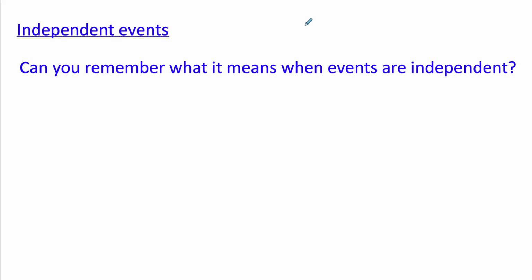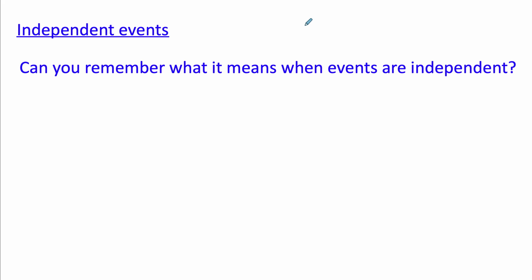If I get a head on the first flip, it doesn't mean I'm going to get a head or a tail on the second flip. It's not going to affect those probabilities. It's still going to be a 50% chance of getting a head on the second and a 50% chance of getting a tail on the second. They've had no effect. So that's independent events.